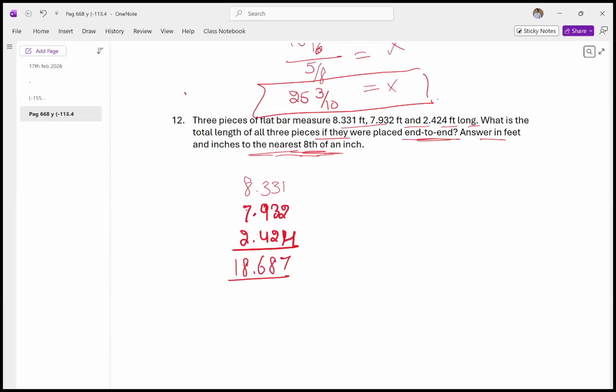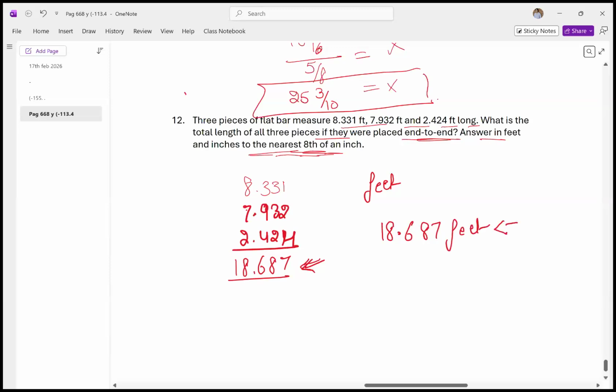Yeah, so this is the number. That's the correct number. Now this is in terms of feet. If you answer up to this point, 18.687 feet, I will mark it correct.